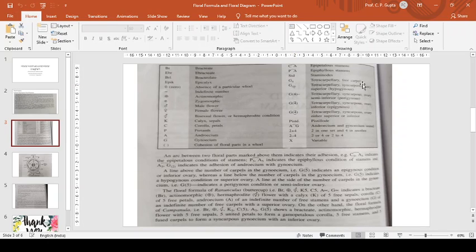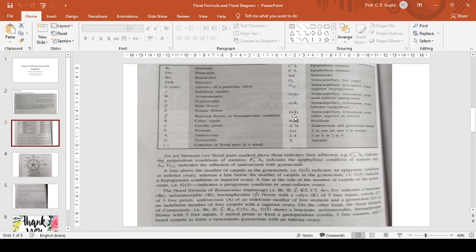G4 is tetracarpellary free carpels. G(4) is tetracarpellary syncarpous, ovary superior and flower is hypogynous. G4 with a side line is tetracarpellary syncarpous, ovary semi-inferior and flower is perigynous. G4 with a line above the number of carpels is tetracarpellary syncarpous, ovary inferior and flower is epigynous.